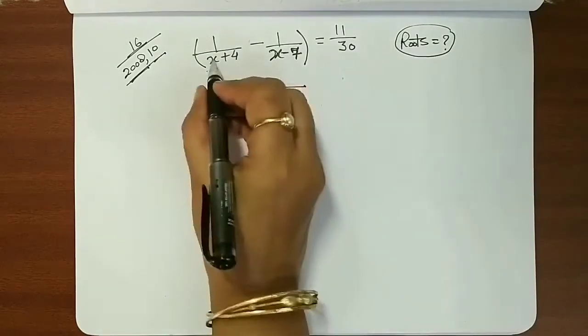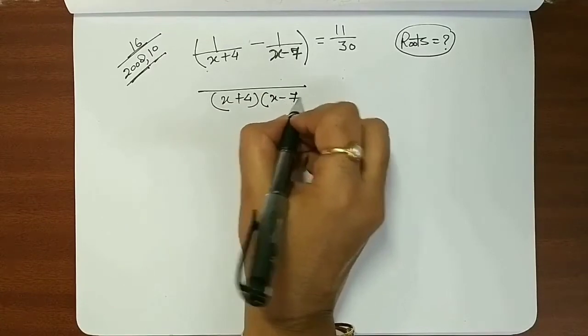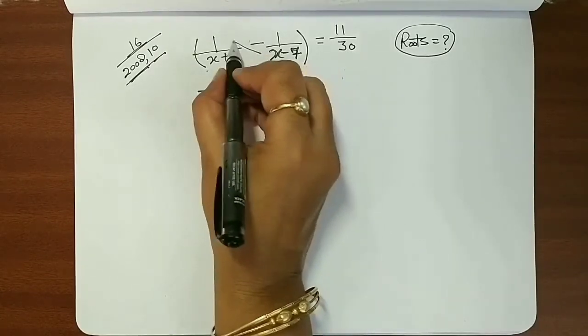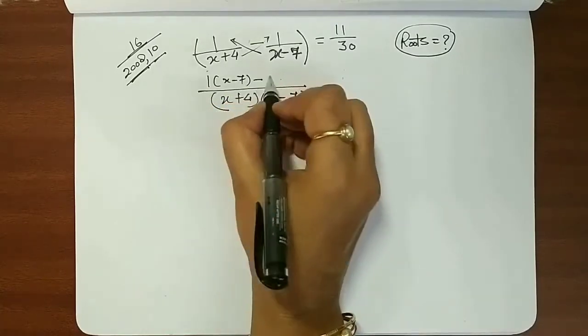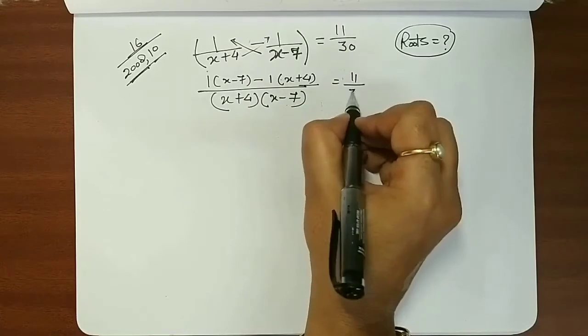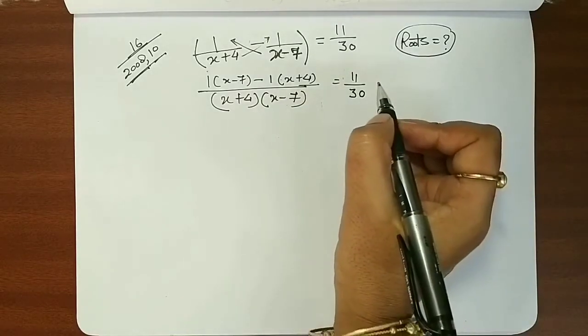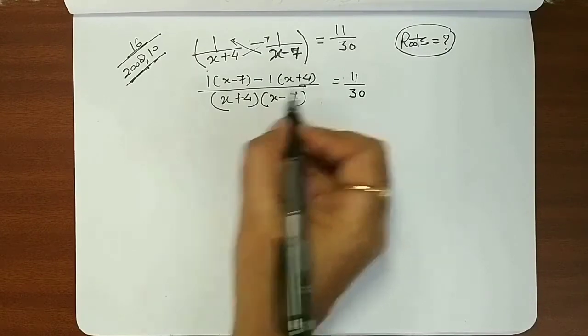For that, let's take the LCM, which is x plus 4 times x minus 7, the product of these two, and multiply this into this and this into this. So 1 into x minus 7 minus 1 into x plus 4 is equal to 11 by 30. Now let me open the brackets and solve it.